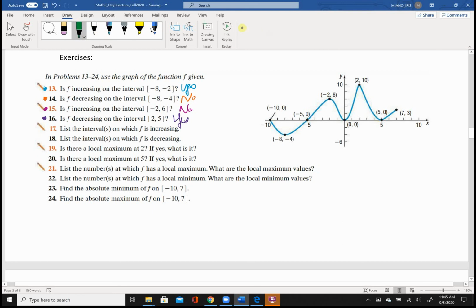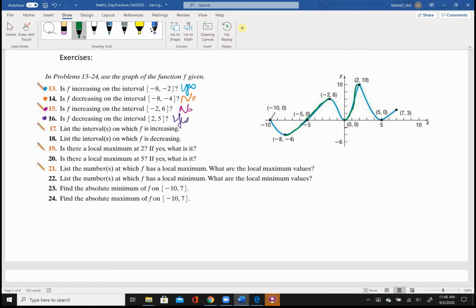Number 17, list the intervals on which f is increasing. Okay, so I'm going to mark in green all of the times on which f is increasing. Like we saw earlier through some of this investigation, we were increasing from -8 all the way up to -2. And then also look again for the rest of the trajectory. It looks like we're increasing also from 0 to 2.